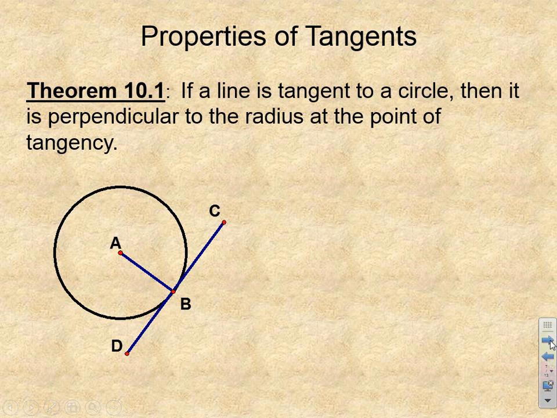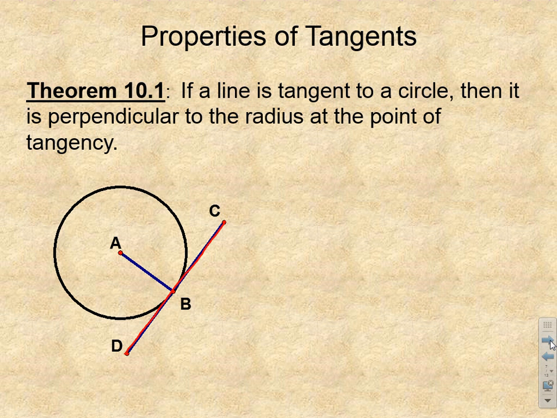Okay, here is the first theorem we need to talk about, Theorem 10.1. This one says if a line is tangent to a circle, then it is perpendicular to the radius at the point of tangency. So what we have here is we start with the line. Okay, in this case, it's the segment CD.